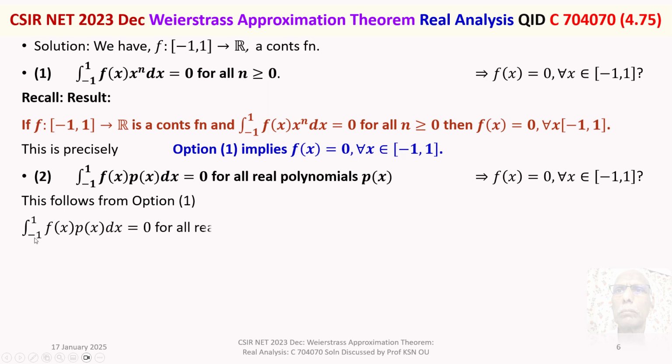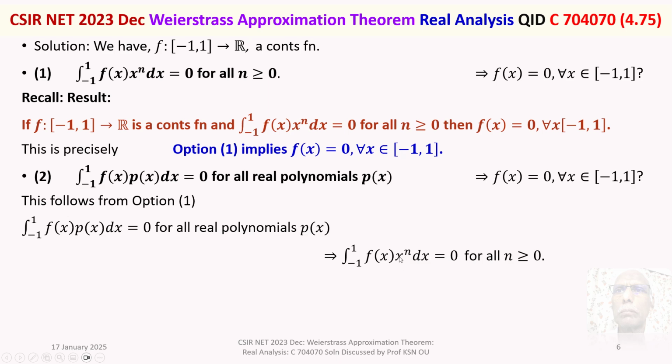Now, integral -1 to +1 f of x p of x dx is equal to 0 for all real polynomials p of x. It's given. This implies integral -1 to +1 f of x into x to the power of n dx is 0 for all n greater than or equal to 0. Why? Because x to the power of n is a polynomial, and integral -1 to +1 f of x p of x dx is equal to 0 for all real polynomials.